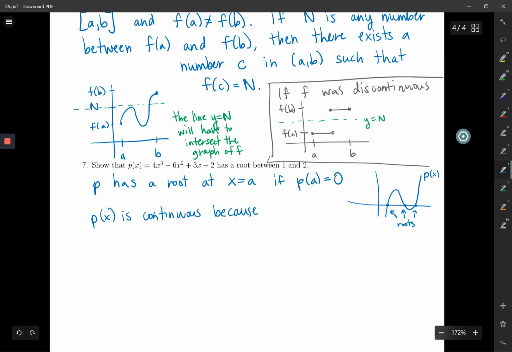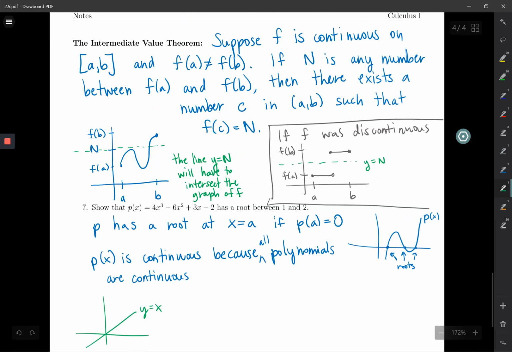And I'm being a little bit lazy here, because all polynomials are continuous. But if you think about it, I'm going to erase this in a second. It's pretty clear that y equals x is continuous.